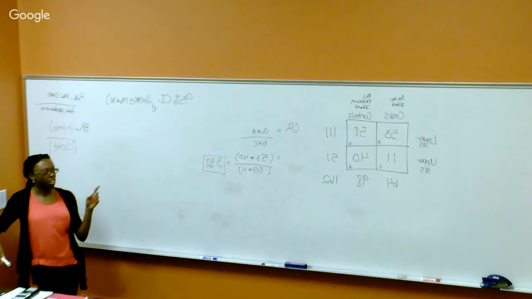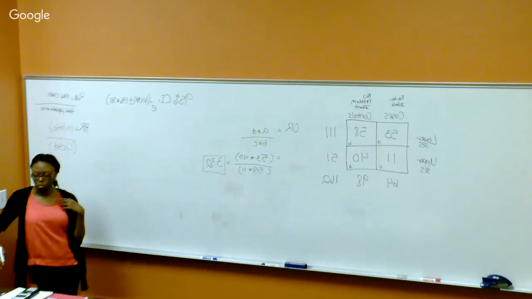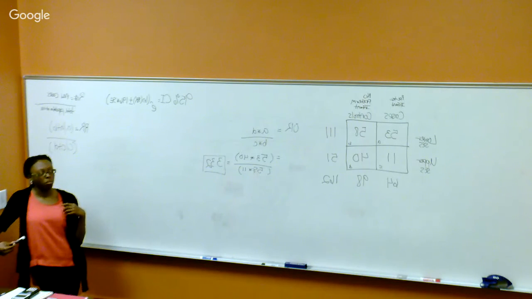So you would say women from a lower socioeconomic status have 3.32 times the odds of having a preterm infant compared to upper SES women.